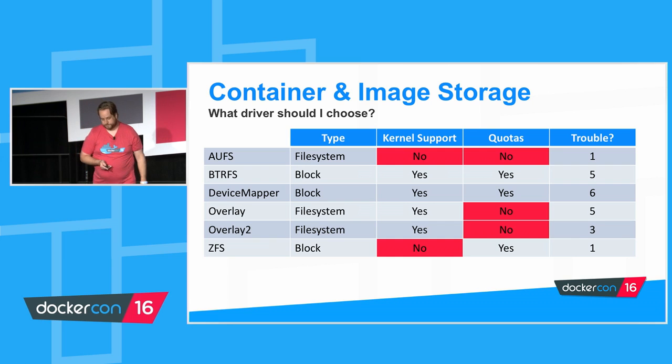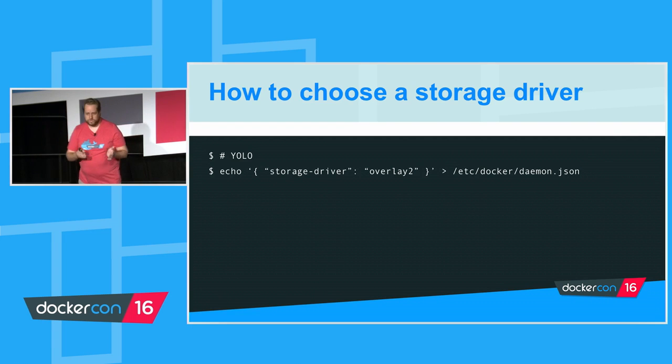It's pretty cool. So how do you choose a driver? Probably the best way is this right here, where we have this JSON configuration file. This is actually relatively new, since like Docker 1.10, that you can specify the Docker configuration that's going to be used in a cross-platform way.